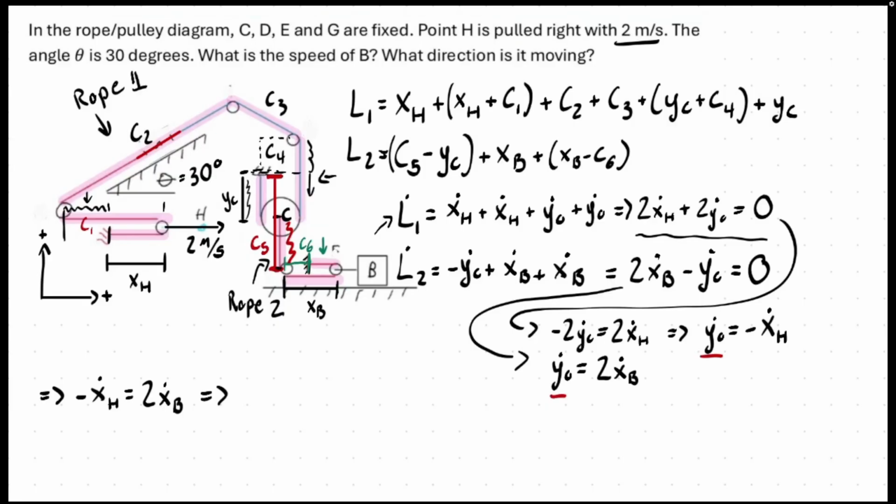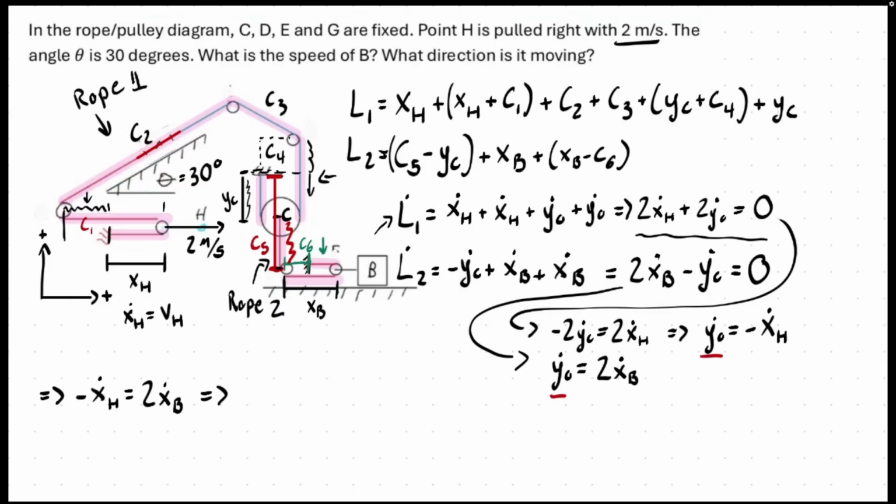As XH gets bigger, H is moving to the right, which is positive, so XH dot equals VH, with no negatives because they're increasing in the same direction.